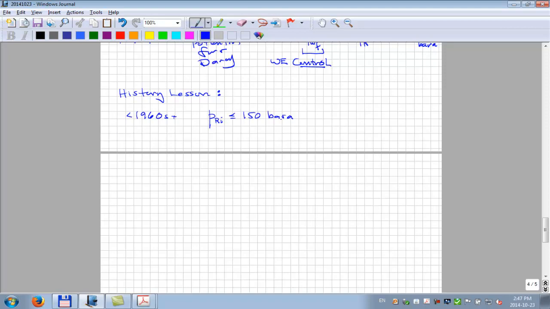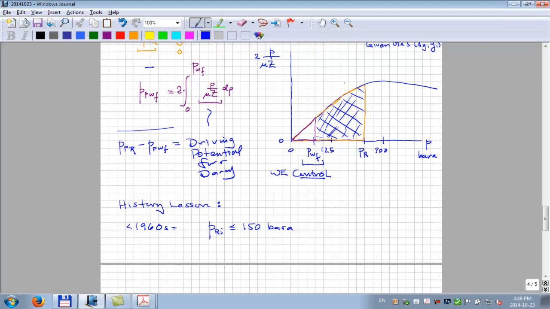So before then, everything was low pressure, which means that we were in this regime here where we could say that, well guys, this line here, we just assume it's a straight line. We don't need all this complication of integration. It's just a straight line.